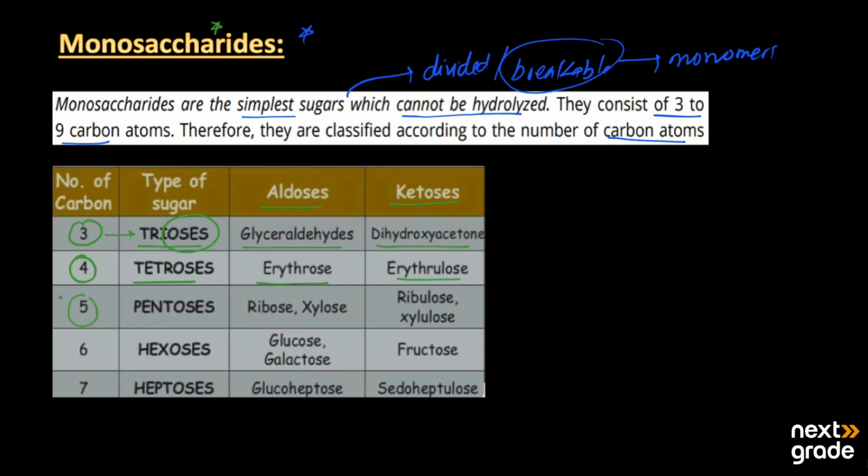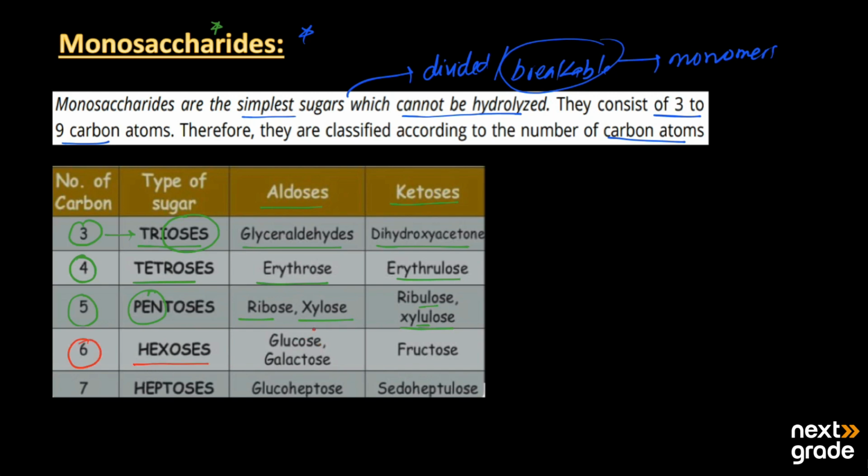And if we have 5 carbon atoms, then it is known as pentoses. The word penta means 5 carbon atoms. In the aldoses type we have ribose and xylose, and in the ketoses type we have ribulose and xylulose. So here the difference is just the letters U and L. If 6 carbon atoms are present, this is known as the hexoses.